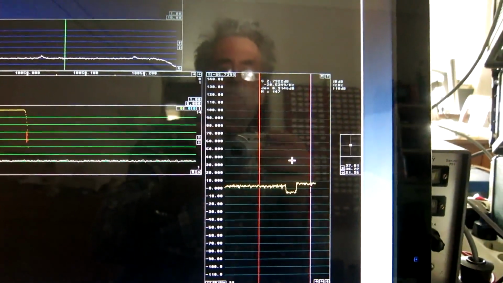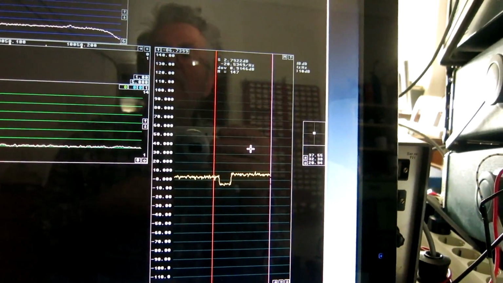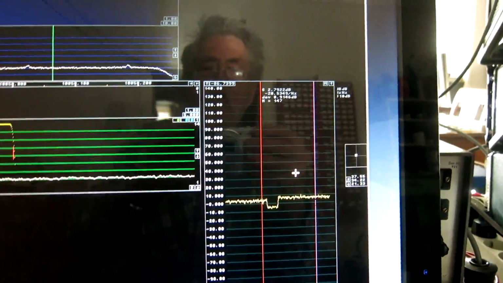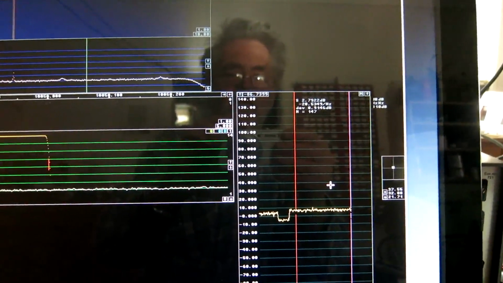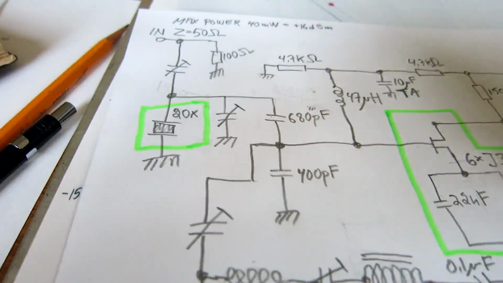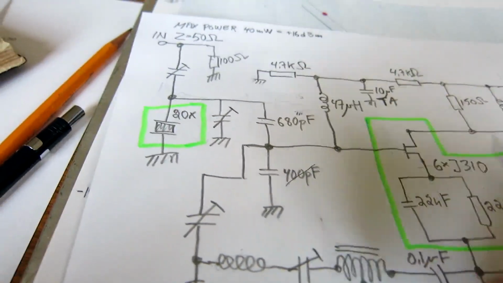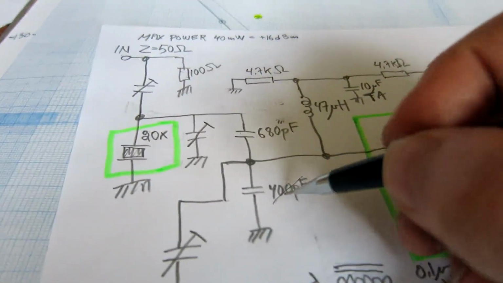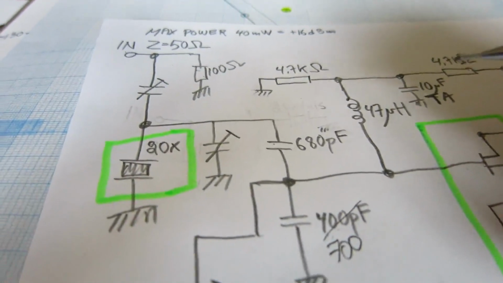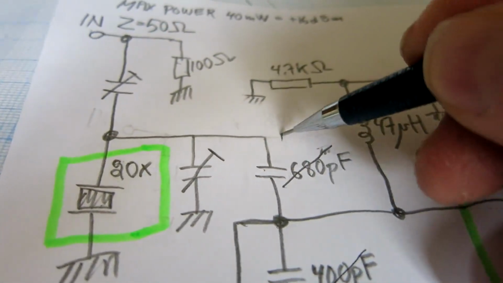Here. So I can reduce the gain and increase the power, hopefully then to get a better signal-to-noise ratio close to the carrier. I have increased this capacitor from 400 pF to 700. And this one I have decreased from 680 to 470.